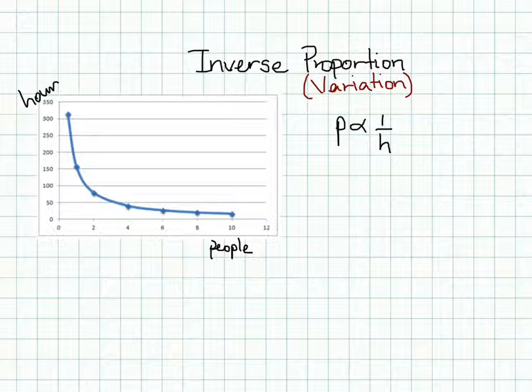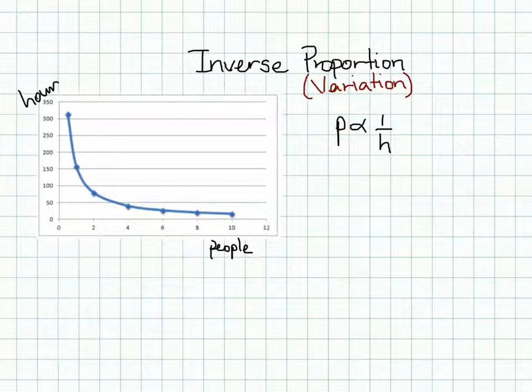Now, compared with my video on direct proportion, the new thing you're going to see here is that, because they're inversely proportional, one variable goes on the bottom of the fraction. And as you know, if the denominator goes to 0, then the whole fraction goes to infinity. So the smaller this gets, the bigger this value gets.